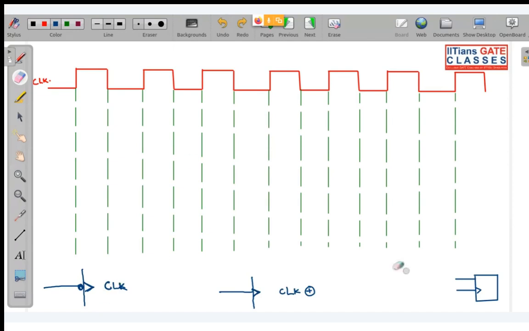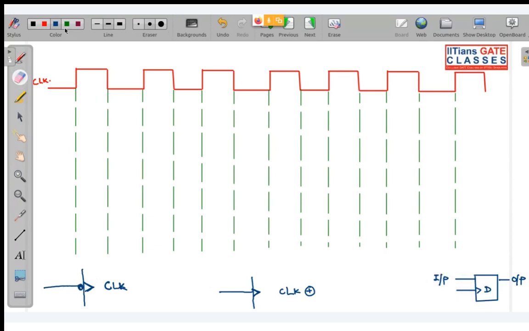So this is your D flip-flop. I am giving input to it. We know the output will be equal to the input in a D flip-flop. Note it down very quickly, this one.